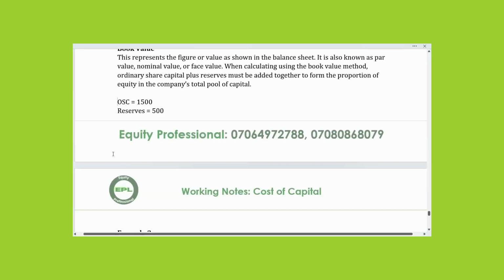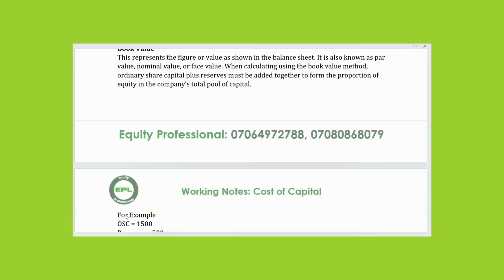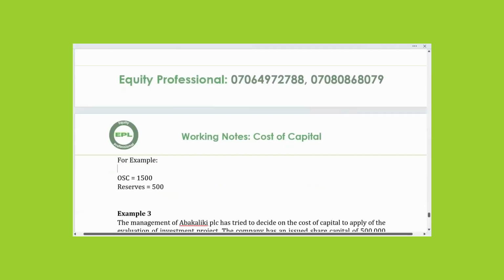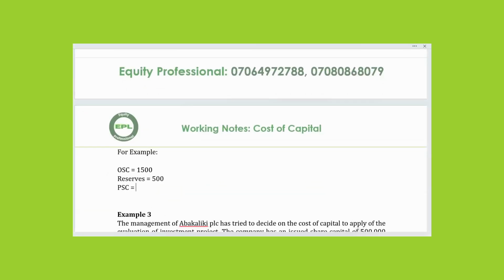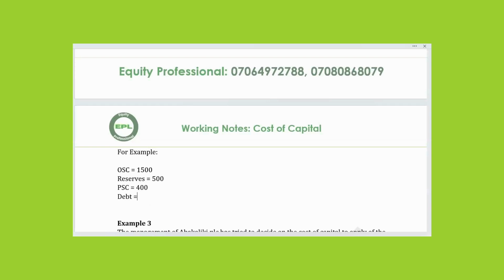For example, okay. So we also have preference share capital, say 400. We have debt capital, say 600.